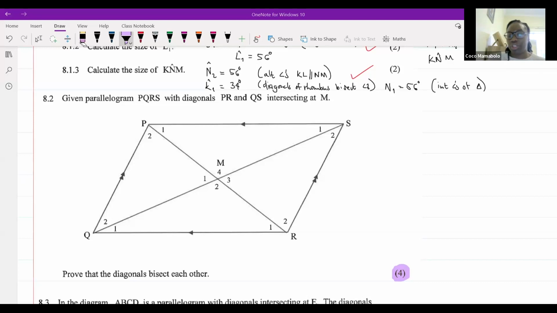I'll give you guys exactly 5 minutes. It might take you a little bit longer to get this one, so exactly 5 minutes. But it does have something to do with congruence. Think it through, guys.